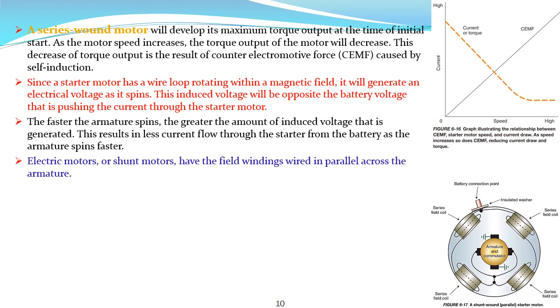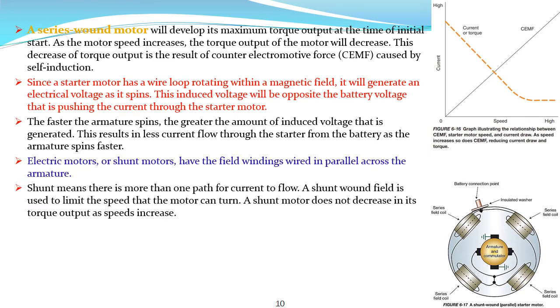Shunt motors have the field windings wired in parallel across the armature. Shunt means there is more than one path for current to flow.